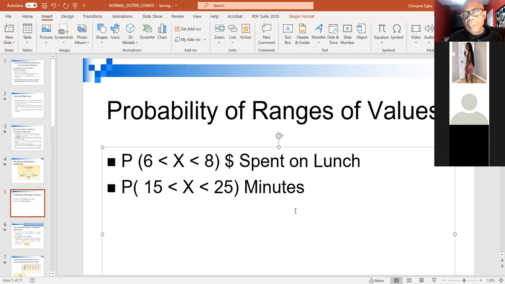These are the kinds of questions that you ask and answer using probability distributions, and particularly the normal probability distribution. You can only ask this question in ranges of values. You cannot ask it for a specific value.